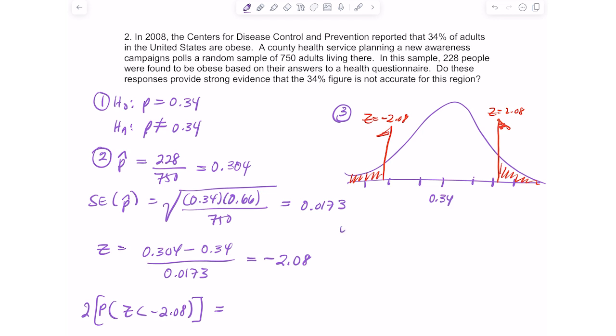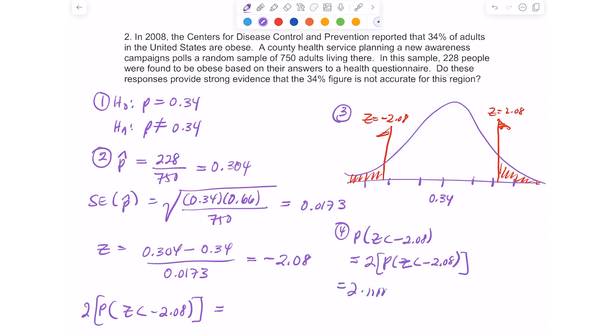So the probability that Z is less than negative 2.08, let me rewrite this here, is just going to be 2 times the probability of Z being less than negative 2.08. So that's 2 times normal CDF.